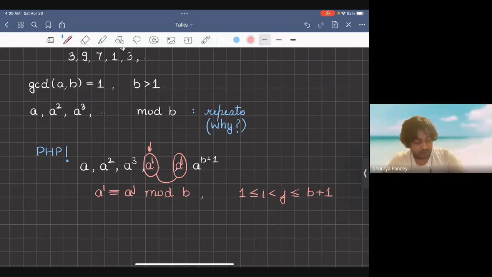Since a and b are coprime, we can divide and get 1 congruent to a to the j minus i mod b. So we actually repeat with period j minus i, because a to the j minus i plus 1 would be a mod b. Alternatively, if you start from a to the 0, which is 1, then a to the 0 and a to the j minus i are equivalent, and so we have a period which is j minus i.